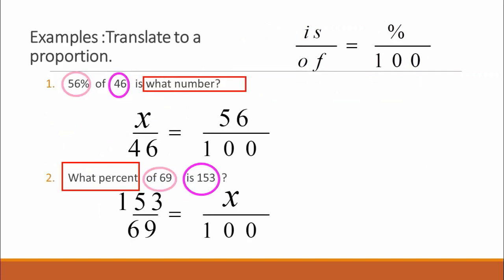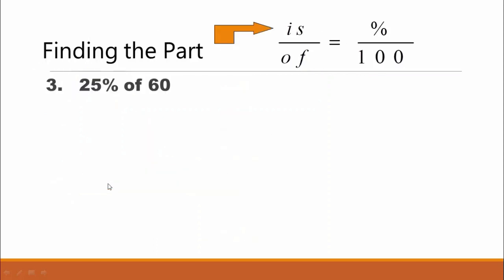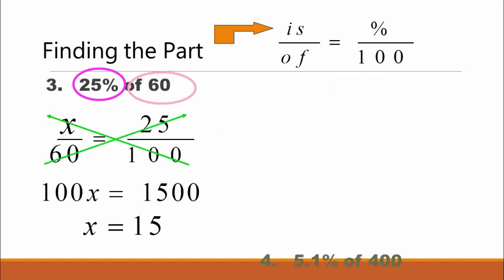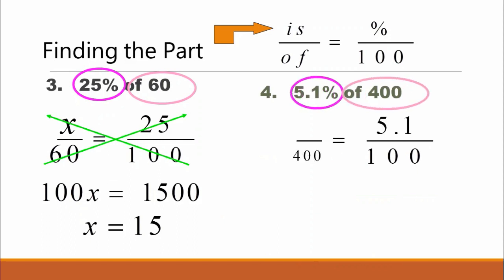In the previous example, is was missing. In this example, percentage is missing. Percentage is unknown.